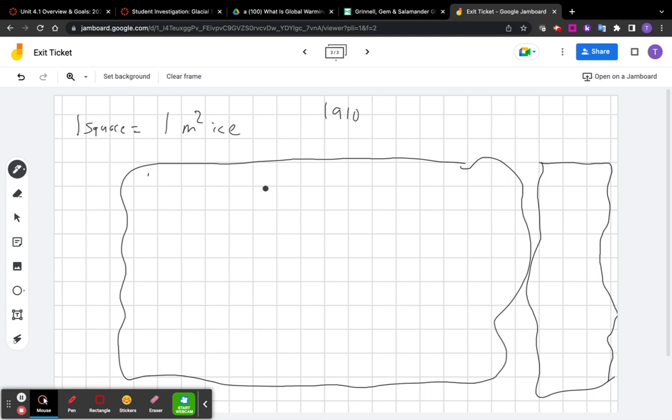So 9 times 15, we're going to go with 135 plus, let's say 1, 2, 3, 4, 5, 6. And then I could say like these 3 maybe is another one. So 7, 8, 9, 10, 11, 12, 13, 14, 15, 16, 17, 18, 19, 20, 21, 22, let's say 23, 24, 25, 26, 27, 28, 29, 36. Let's just say plus 36. So total, I'm going to estimate a little bit. We got about 171 meters squared of ice in the past picture.